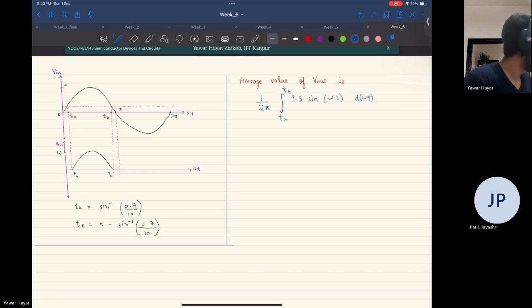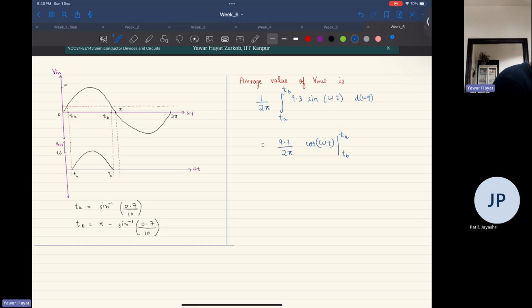Now, if you evaluate this integral, this would be 9.3 whole divided by 2 pi, and this would be cos of omega t, and limits would be from TB to TA.